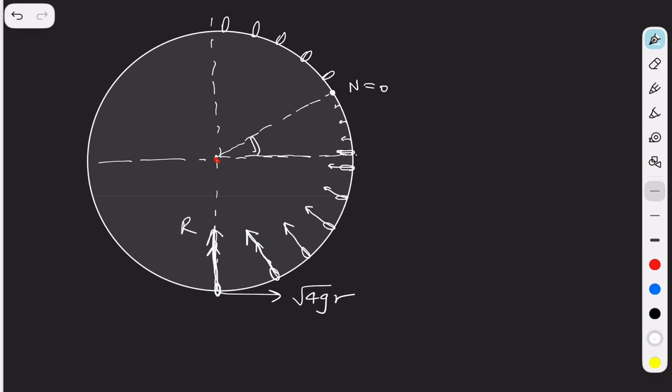If I make it like this, the normal force will be increasing, increasing, and it will be maximum here. Then again it will start going down, and the velocity is zero.